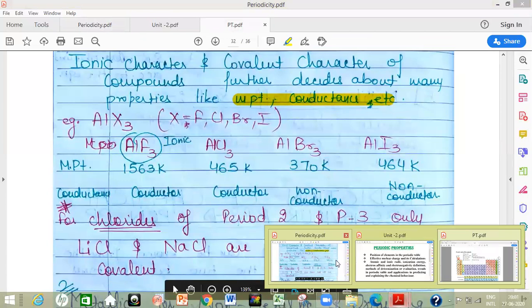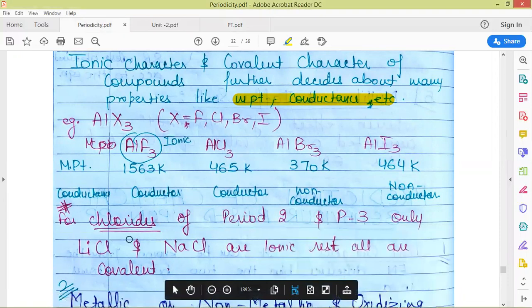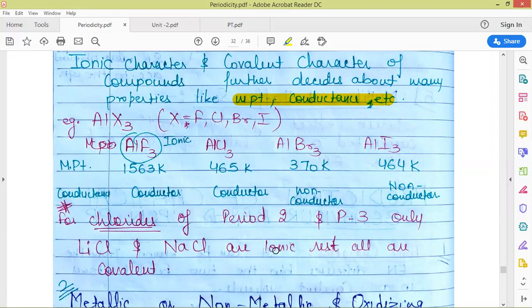The rest of the chlorides are covalent in nature due to the decrease in electronegativity difference as we move from left to right in a period. The electronegativity difference between these elements is decreasing, so covalent character is increasing as we move from left to right.